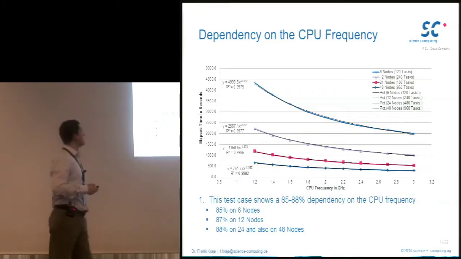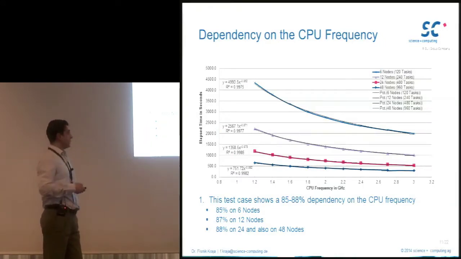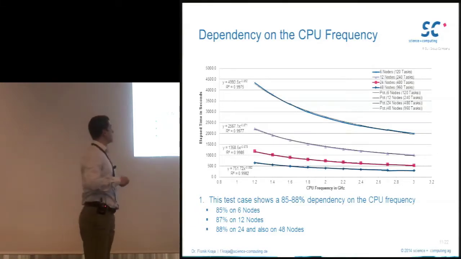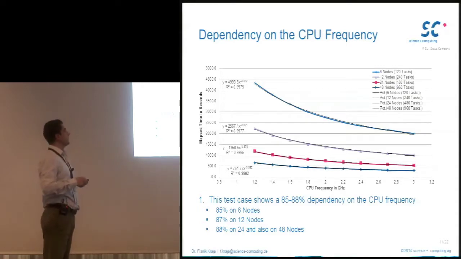So I'll start with the CPU frequency dependency, but first I will explain how we make these tests. We have done tests on 6, 12, 24 and 48 nodes, running 20 tasks per node, while changing the CPU frequency from 1.2 to 3 GHz, including the turbo boost.